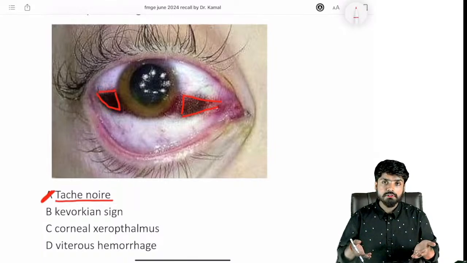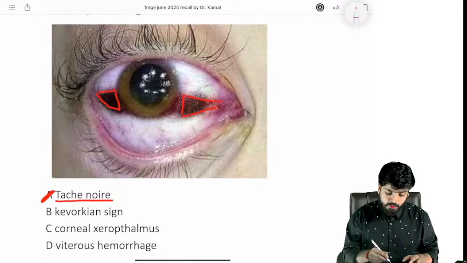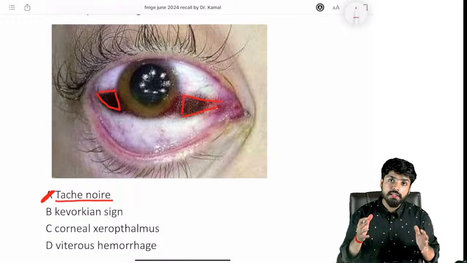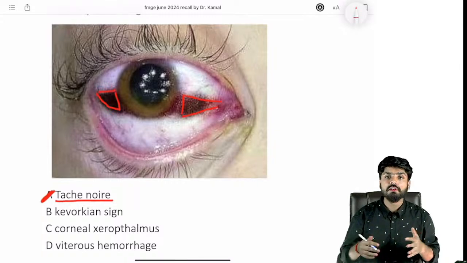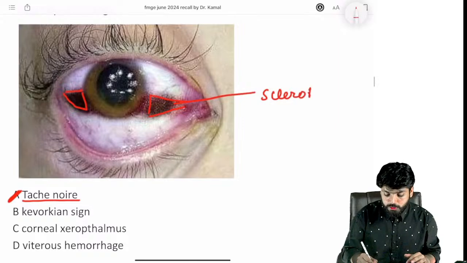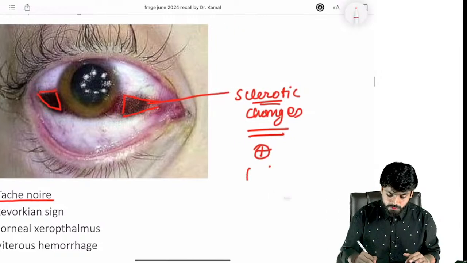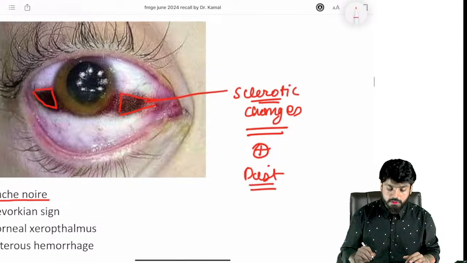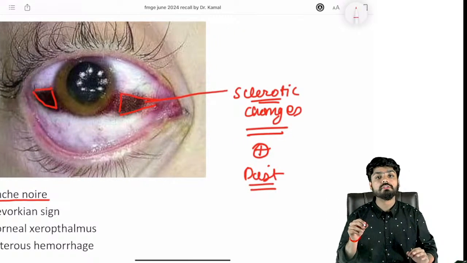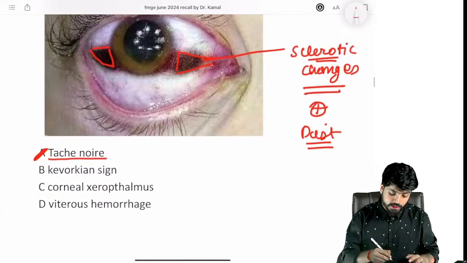But if the patient is not blinking anymore and he died, that film of tear will evaporate away. Now the sclera is being exposed to the environment and then there will be dust and other things. So this is none other than sclerotic changes plus some dust and other stuff on the sclera. Deposition of dust and resulting sclerotic changes in the sclera is known as tache noire.